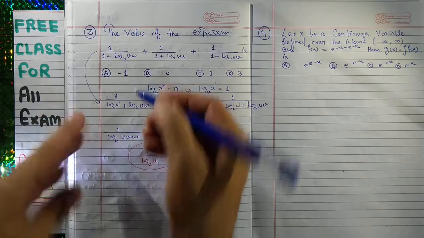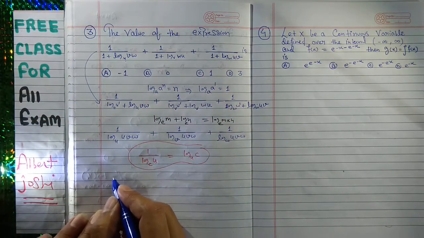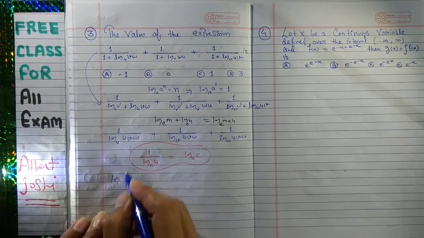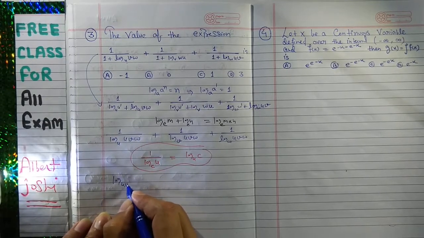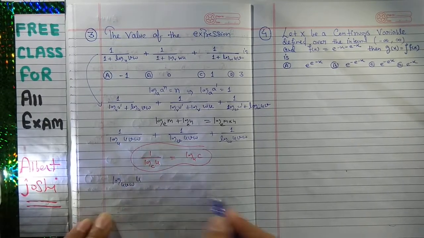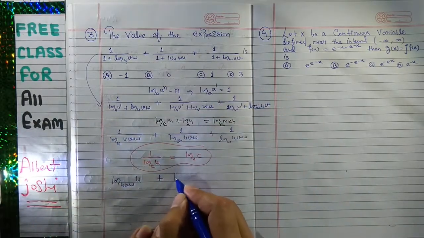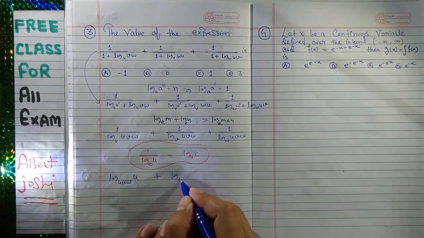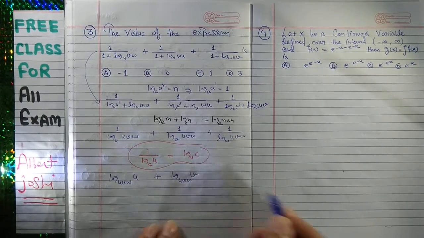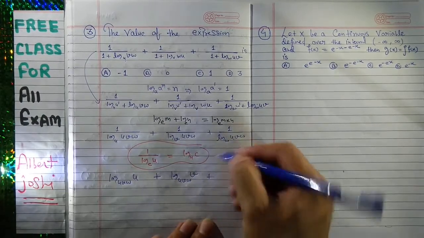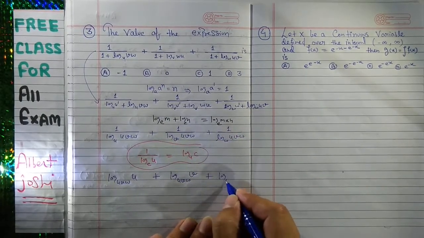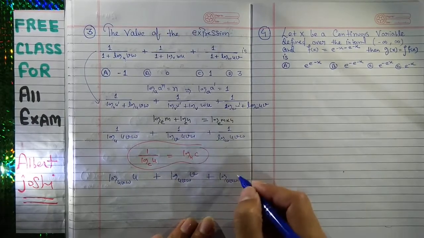So it will become log base uvw of u, plus log base uvw of v, and again log base uvw of w.